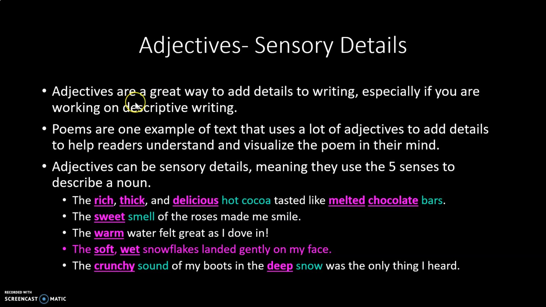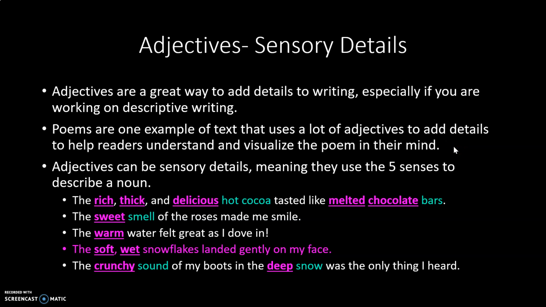Adjectives are a great way to add details to writing, especially if you are working on descriptive writing, writing that describes something. Poems are one example of text that uses a lot of adjectives to add details to help readers understand and visualize the poem in their mind.